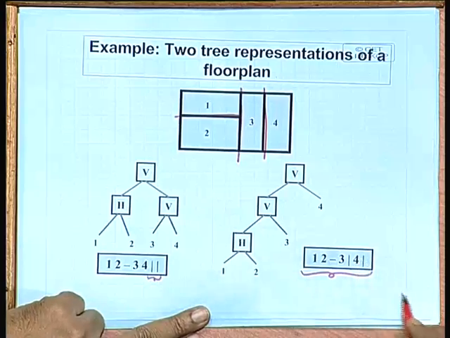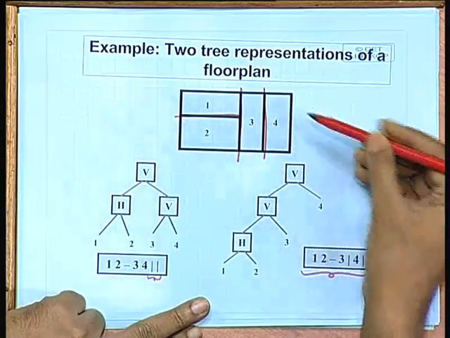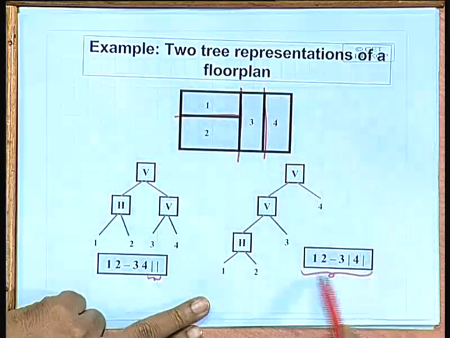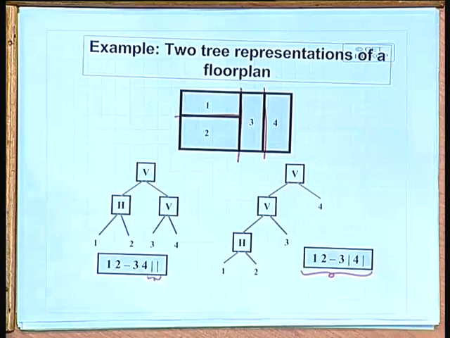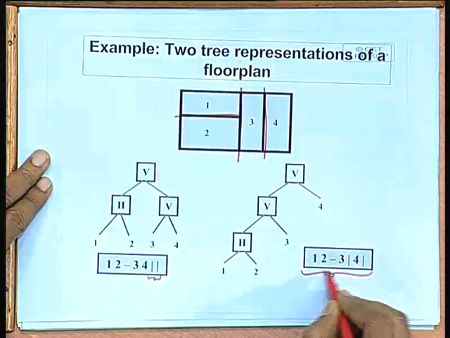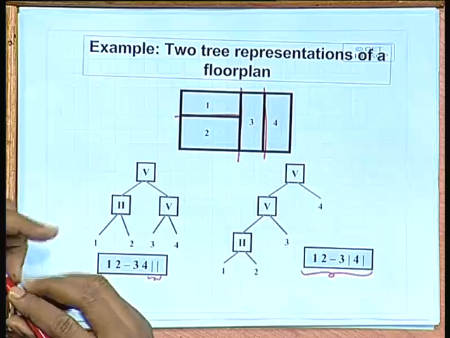So, here the idea is that for most of the floor plans we will have solutions like this. In the algorithm that we will be discussing, which we will explain in the next class, we will be looking at only normalized expressions and we will be making some moves.